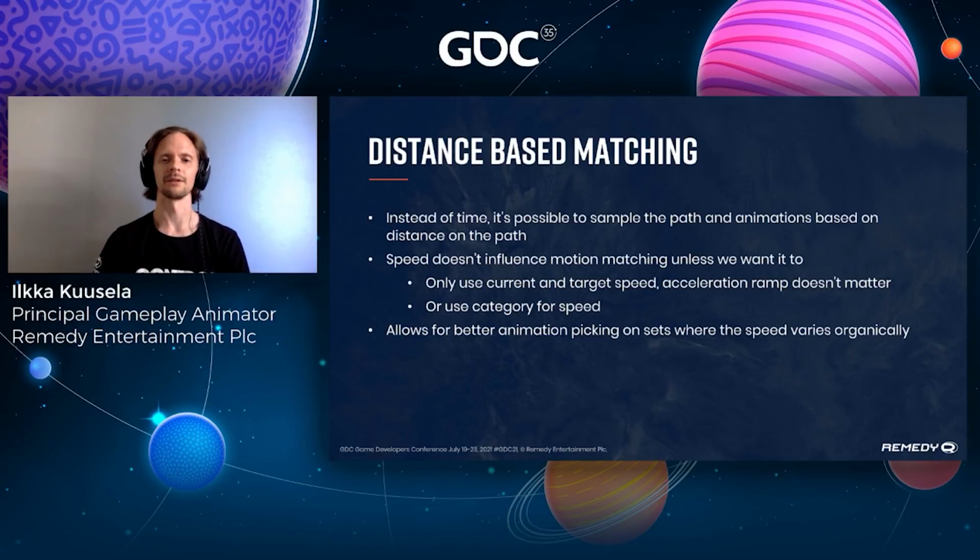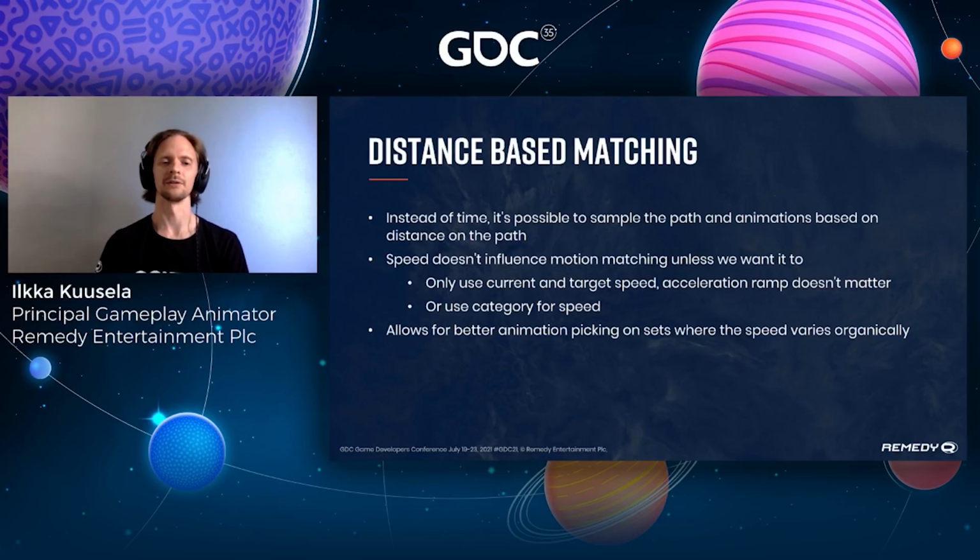So for example, instead of asking, where am I going to be 1 second from now? You can ask, where am I going to be after moving along the path for 1 meter? And this makes motion matching completely independent of the movement speed. So now we don't have to use speed as a factor in it.